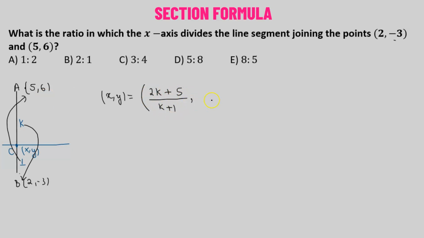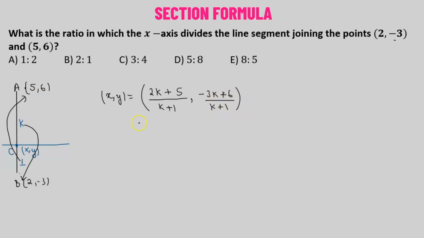Then coming to the y-coordinate, we'll take k and multiply it with the y-coordinate of B, so that gives us -3k. Plus we have 1 multiplied by the y-coordinate of A, so that's simply 6, divided by k plus 1.